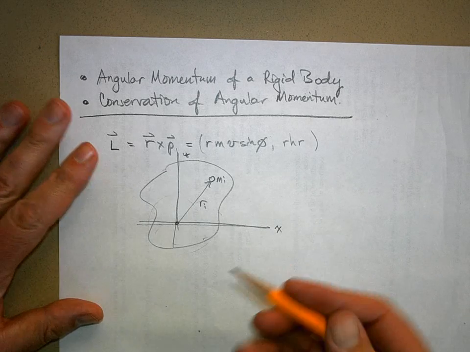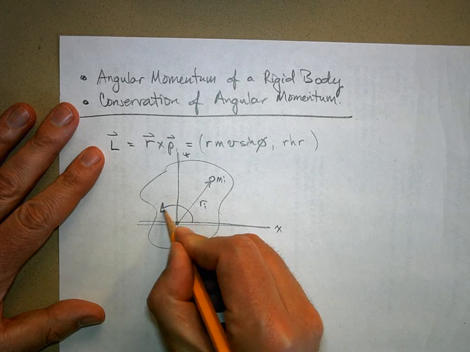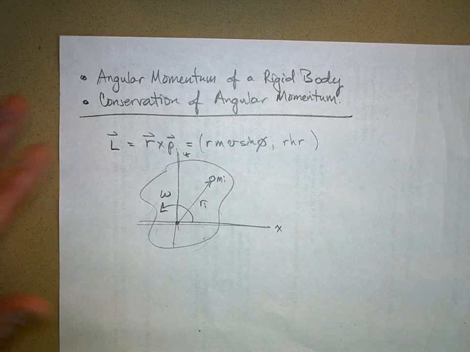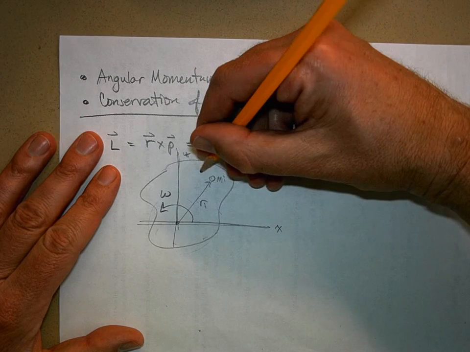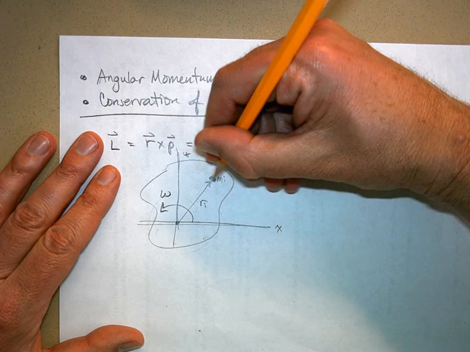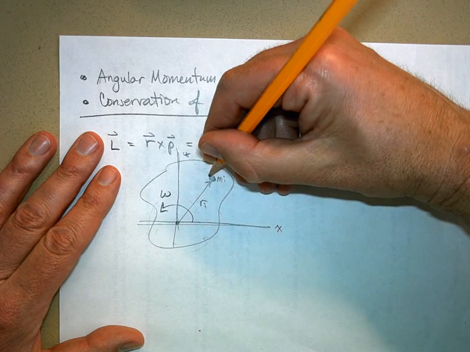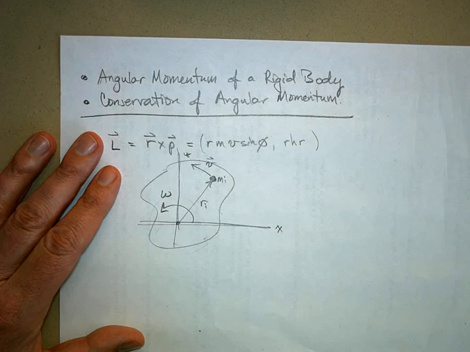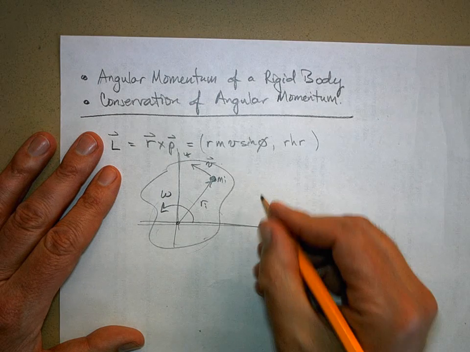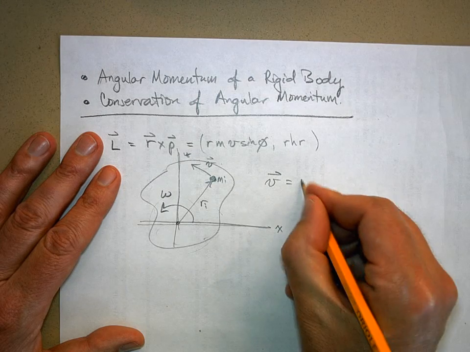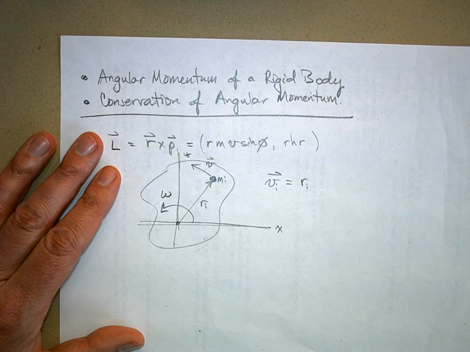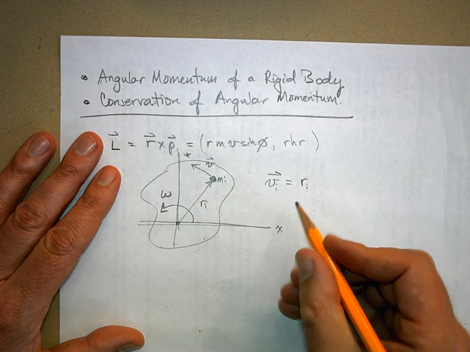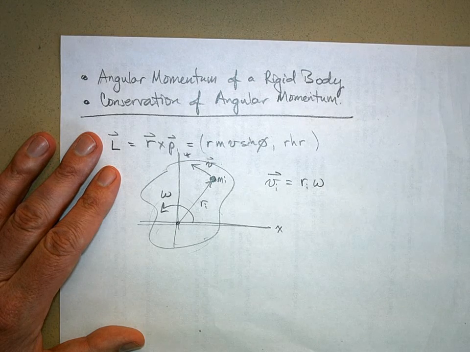But anyway, if this thing is rotating with a certain angular velocity omega, then this particle, or this part of the mass of my blobby shape, has a velocity. And that velocity, v_i, is equal to r_i times omega.